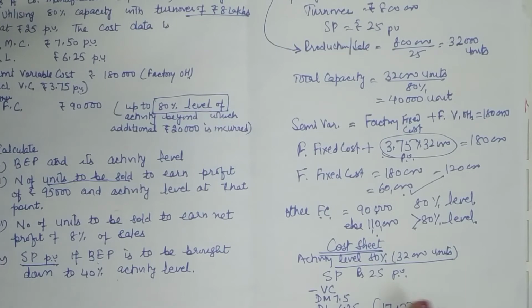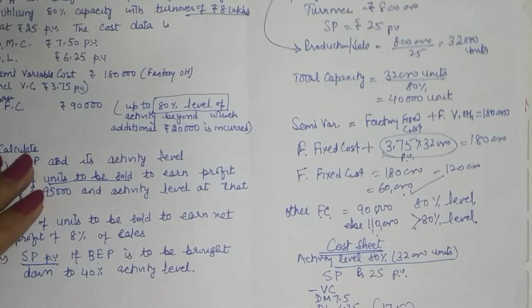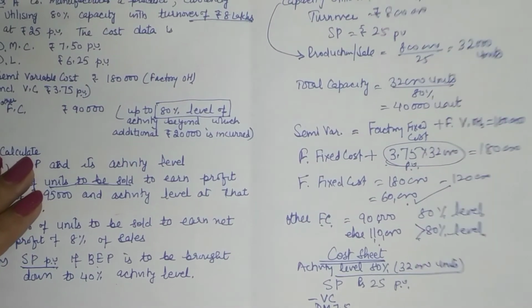So this is our basic information which is there with us. Now we are to make use of this information for making calculations. Okay, we could have calculated the PV ratio here, but we don't need it.